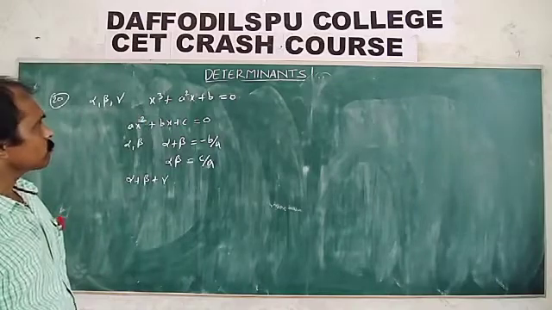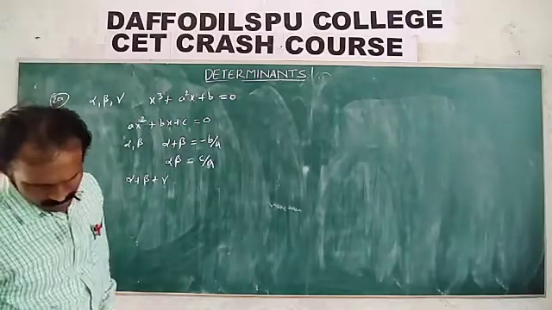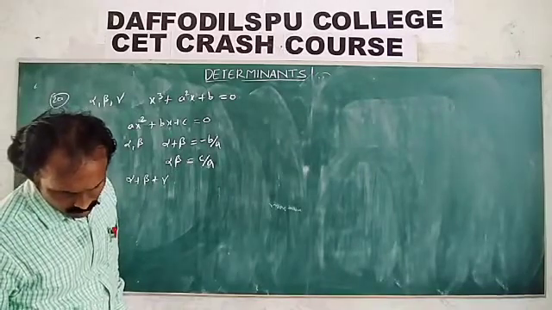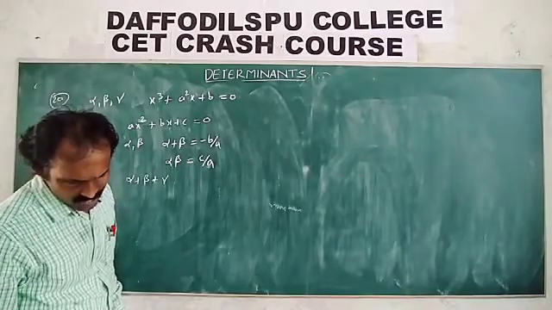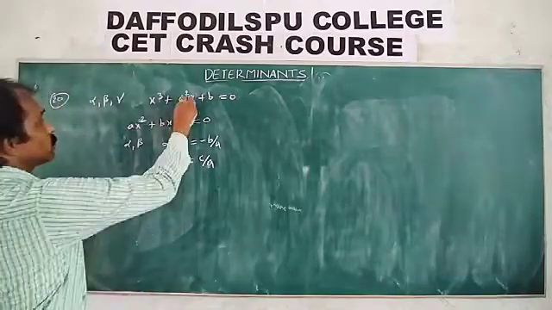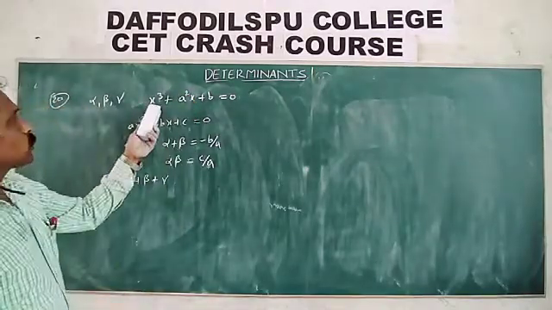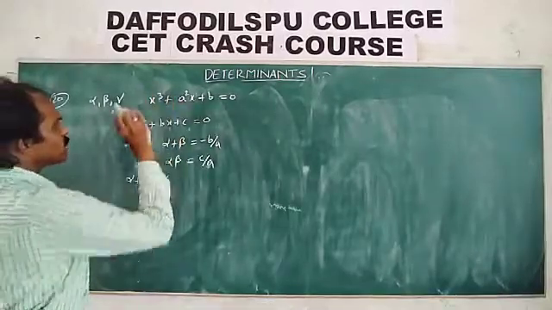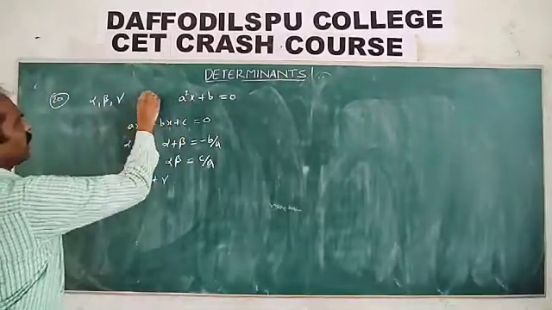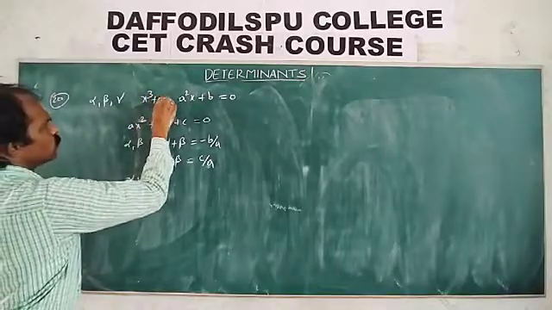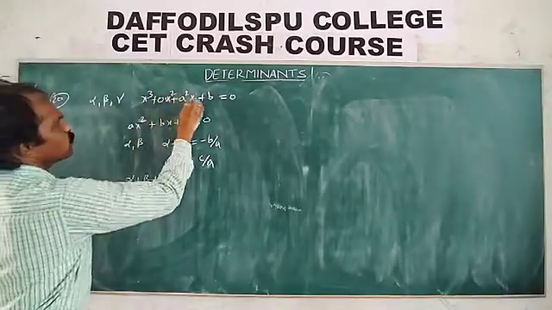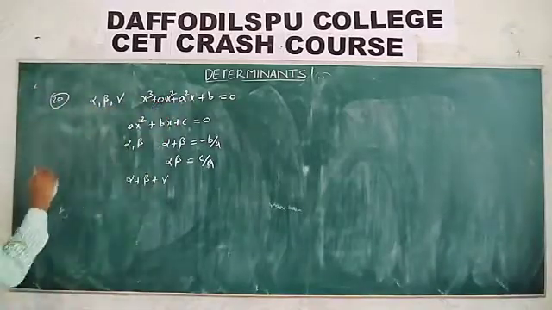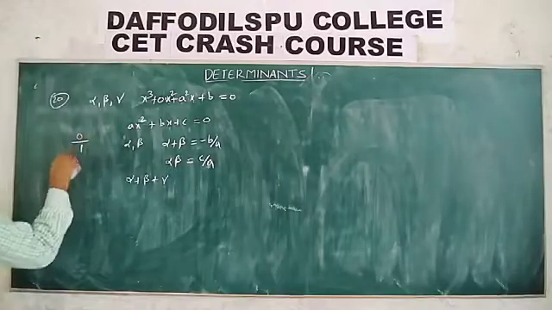Here x cube plus a square x plus b equal to 0. There is no x square term, so x cube plus 0 into x square plus a square into x. Alpha plus beta plus gamma is equal to the x square coefficient, 0, divided by 1.